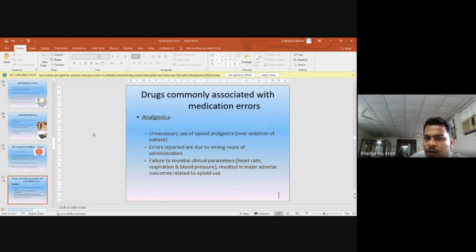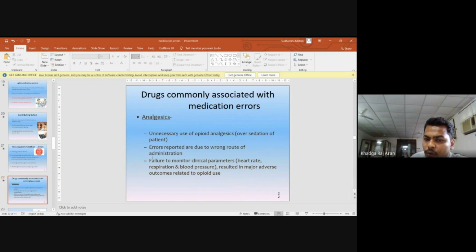There are some drugs which are commonly associated with medication errors, like analgesics, particularly the unnecessary use of opioid analgesics that cause sedation in patients, like morphine, tramadol, and heroin. These medicines have some medication errors. Errors are also reported due to the wrong route of administration.